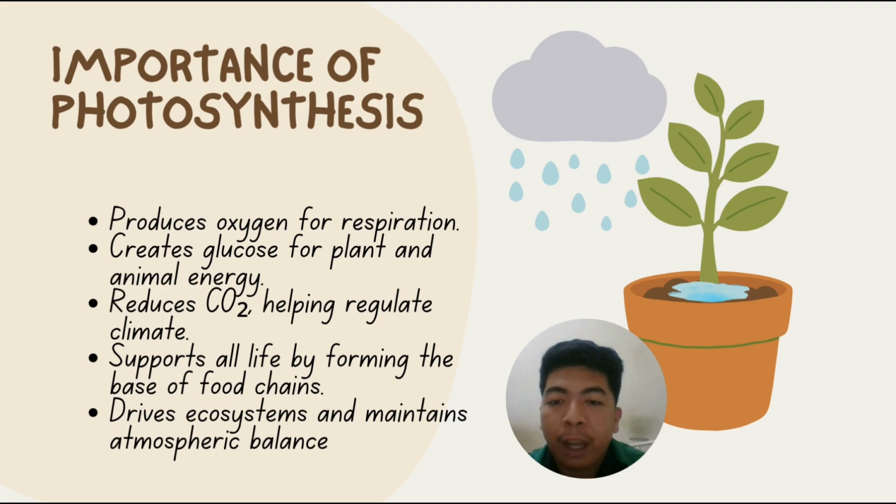Plants act like natural air filters, cleaning the air and providing food, oxygen, and shelter. Every time we eat a vegetable, breathe in fresh air, or admire a forest, we are benefiting from photosynthesis. It's no exaggeration to say that life as we know it would not be possible without this process.